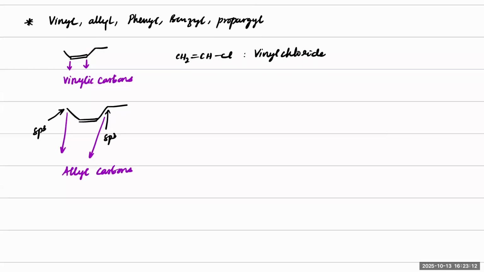Next, if you have benzene, every carbon on benzene is called the phenylic position. So this is a phenylic carbon. This is a phenylic carbon. Similarly, if you have benzene, after that there are certain groups like this. Imagine I have groups here this way.